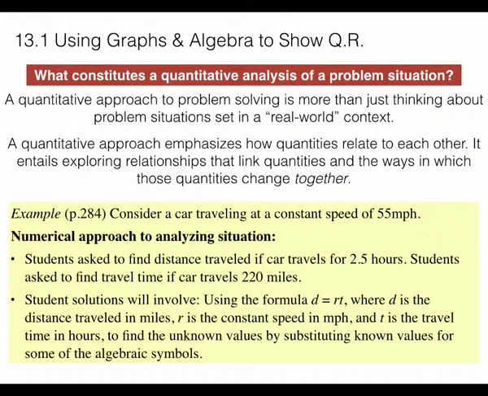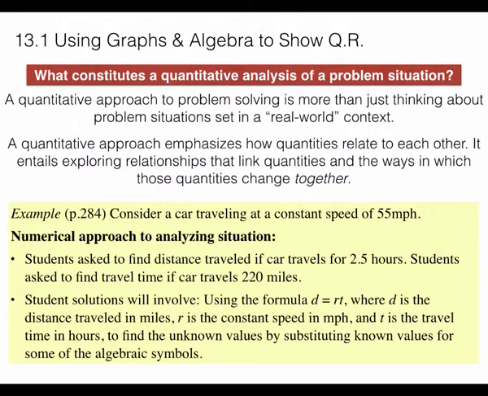And so what are students going to do in order to answer these questions? Well, very natural things, right? They're going to probably draw upon a formula that they've been told at some point in their life, where d is the distance traveled, r is the constant speed, and t is the travel time, so d equals rt, and they're going to substitute in values and solve for unknown values accordingly. Is this wrong?